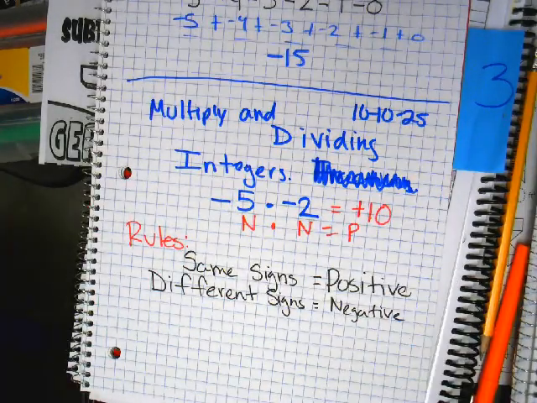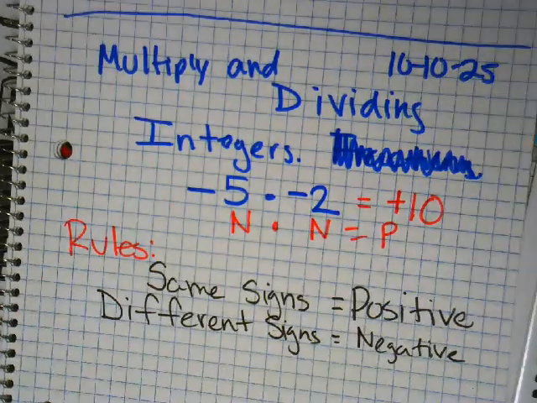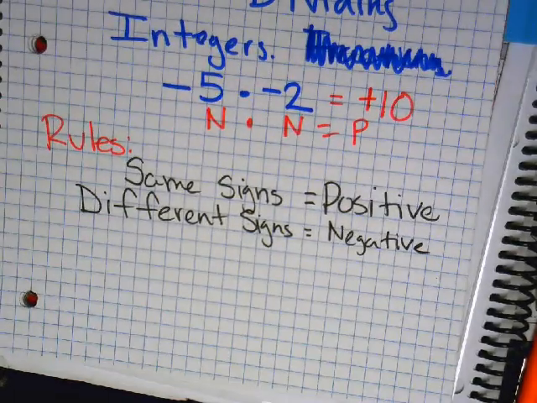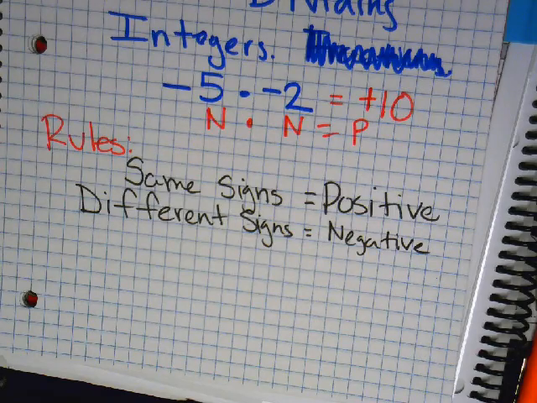Is your answer going to be a positive or is your answer going to be a negative? Okay, so if it's the same, if it's two negatives, it's going to be a positive like here. If it's different, if you have a positive and a negative, you're going to get a negative answer. Does not matter what you have more of, what you have less of. No, just a sign.